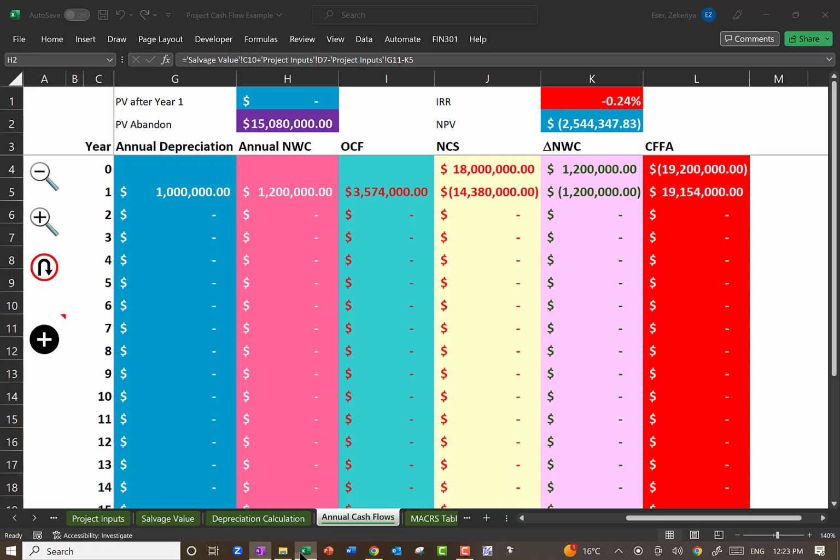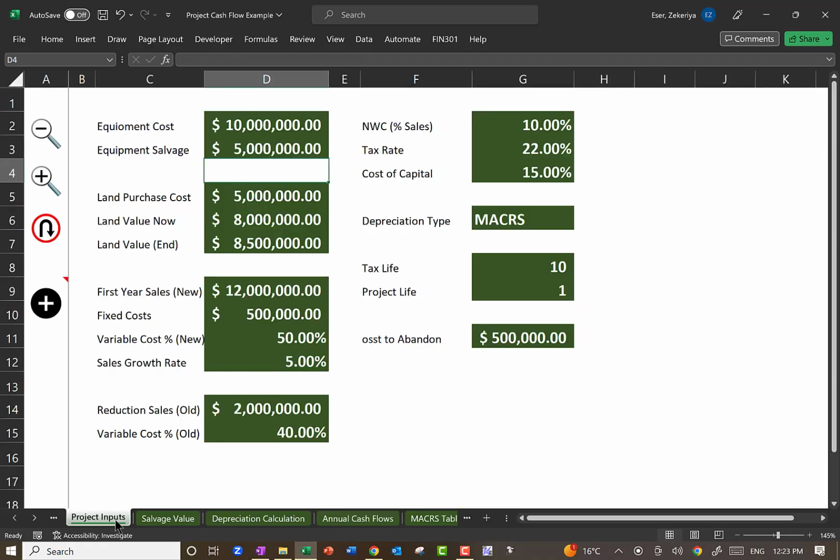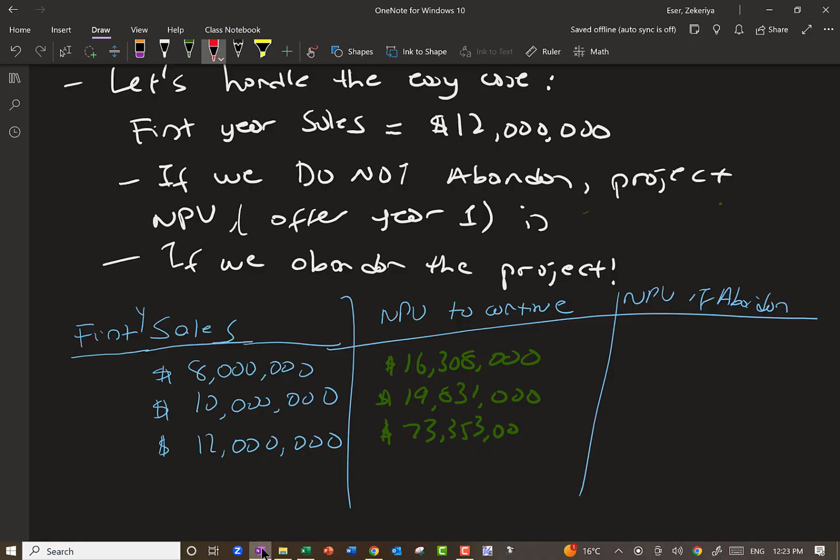What was the sales here? 12 million. Well, since these numbers don't depend on sales, it's all the same, correct? Because what's going to happen after year 1 has, oh, actually it has something to do with sales because of net working capital. I'm sorry.